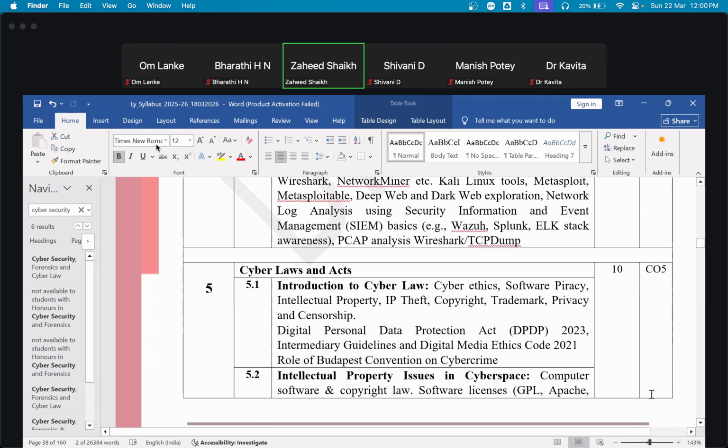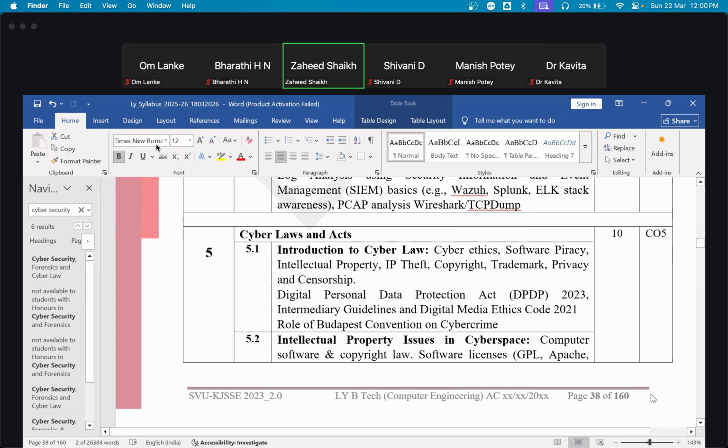Module number 5 covers the different aspects of laws and legislations present locally as well as globally. In India, we have the DPDP Act, passed a few years ago. We have the IT Act of 2000, amended in 2008, and subsequent amendments. There are different laws associated with data privacy and with software piracy.